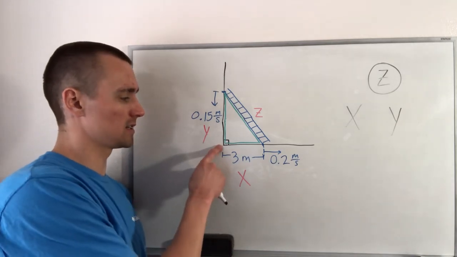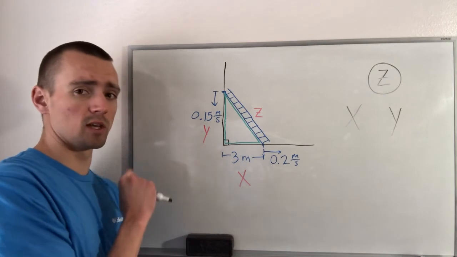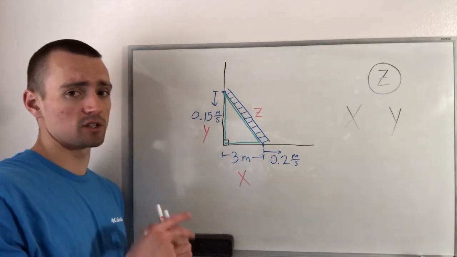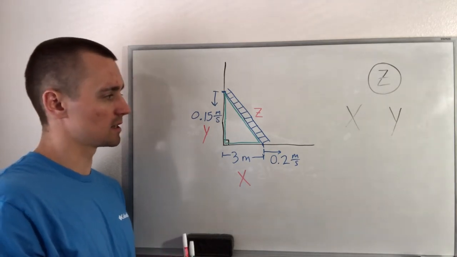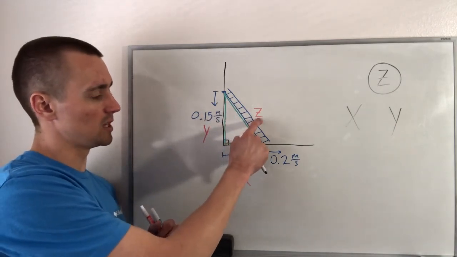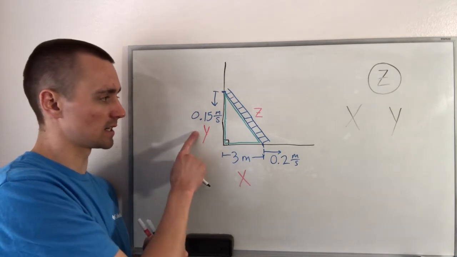The fact that this is a right angle, though, is helpful because that tells us that we can use Pythagorean theorem. Pythagorean theorem essentially just relates the side lengths of a right triangle. What it tells us is that this side length squared will be equal to this side length squared plus this side length squared.